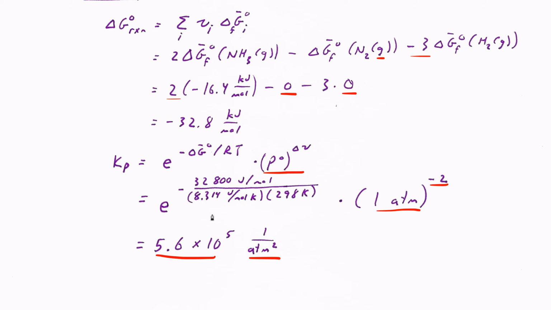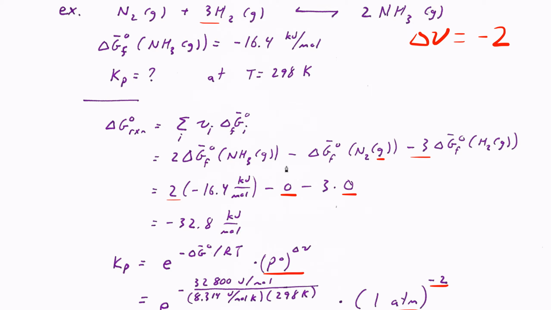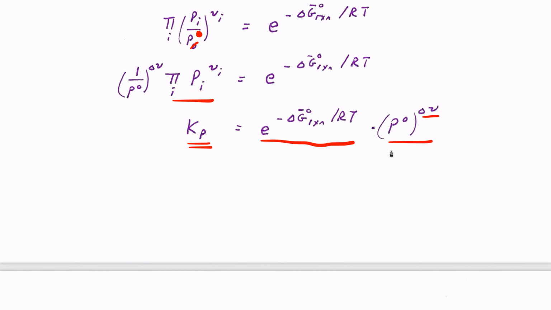Really, the only difference between this equation and the one you're more familiar with from general chemistry is we have this new term, the P naught raised to the delta nu, to keep our units straight, but converting back and forth between equilibrium constants and free energies is relatively straightforward with this equation.